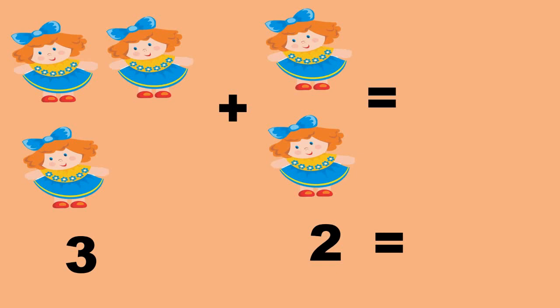Yes, we have to go forward 2 steps, like 4, 5. So, 3 plus 2 is equal to 5. It means the sum of 3 plus 2 is equal to 5.